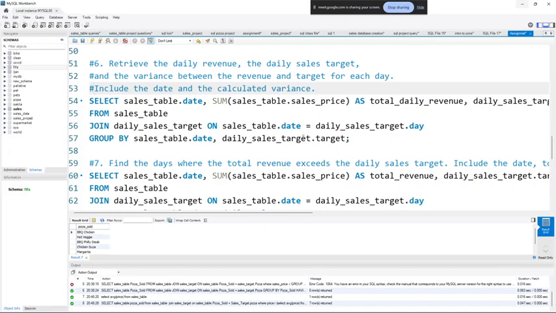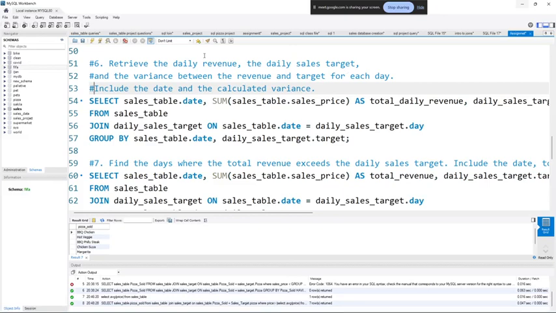I want to explain the things that we are already used to before I go back to window functions. Now look at it. It said retrieve the daily revenue. Daily revenue is different from daily sales target.